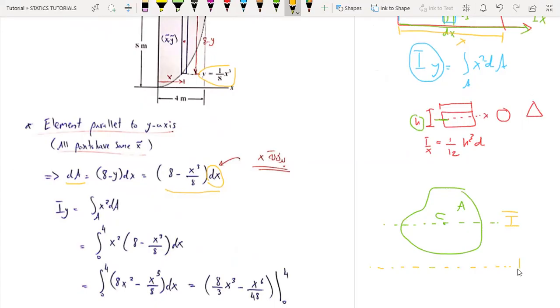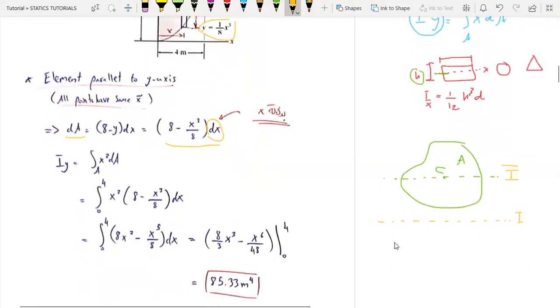But if we want to find the moment of inertia about this axis, we must use the parallel axis theorem, which says I about this axis equals the centroidal moment of inertia, I bar, plus the area of this shape multiplied by the distance squared, which is the distance from the I bar axis to the I axis.